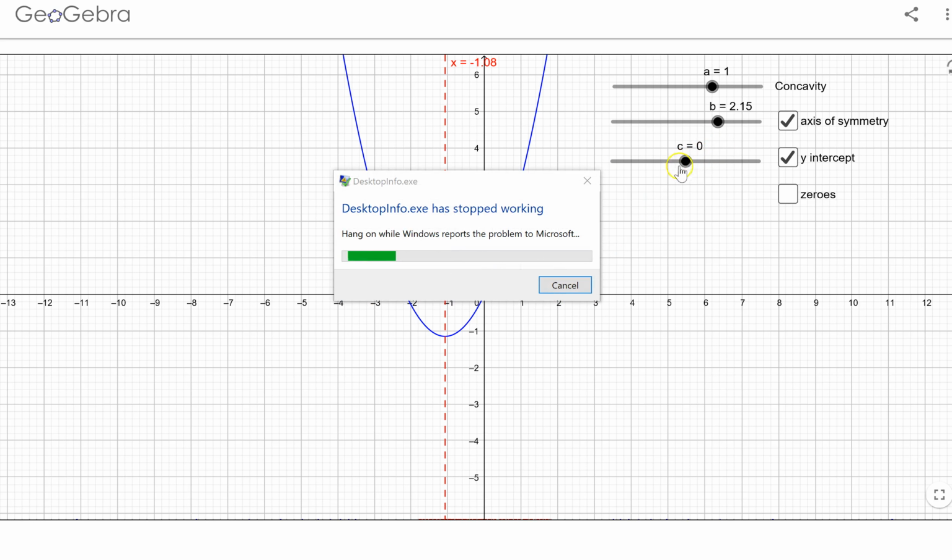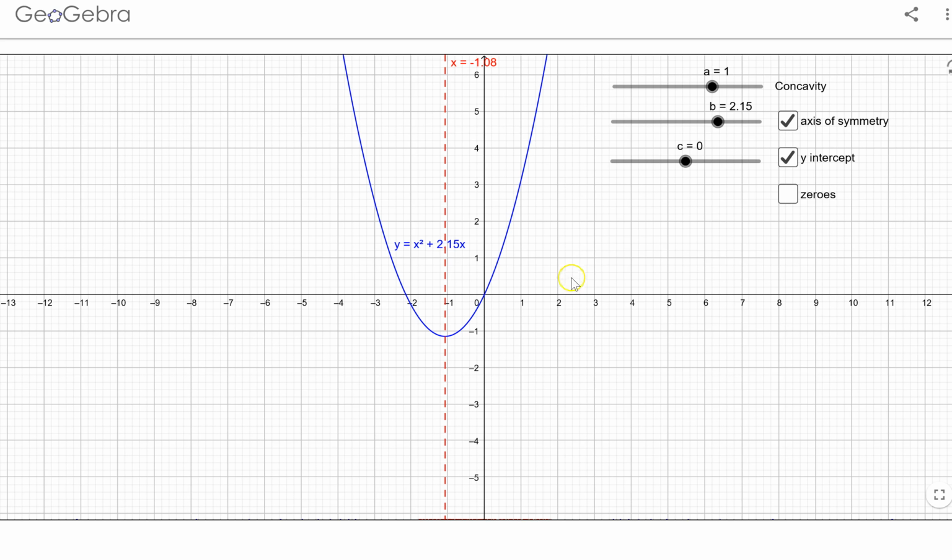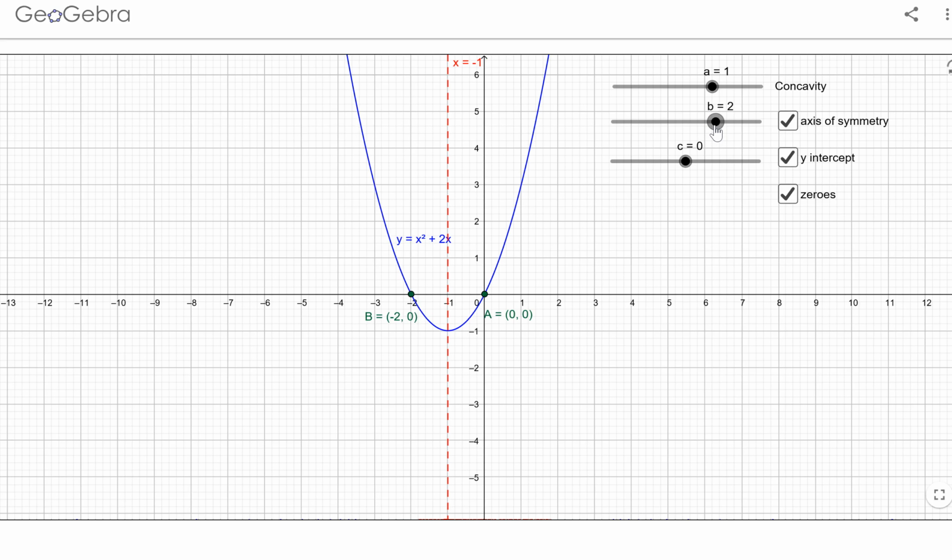So if I do all of those, and if my computer would behave, then I can notice that in this case here, my parabola is cutting the axis at a couple of points. So these are the 2 points, these are the zeros. In my equation, I might just see if I can make it a slightly nicer equation. x squared plus 2x, well we know we can cope with that.